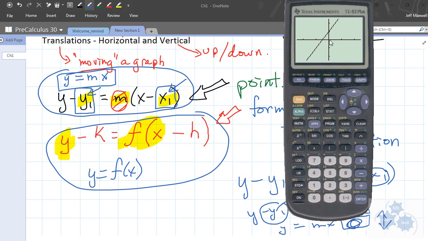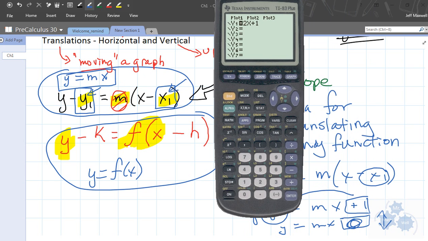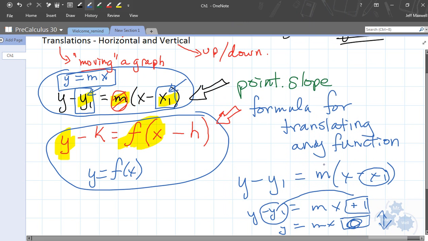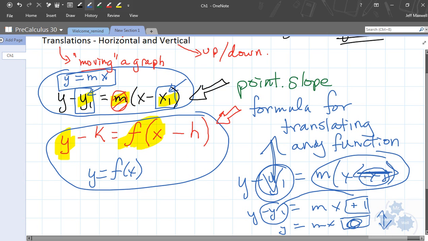But if I wanted to move this over 1 unit, anyone have an idea of what I might need to do, looking at this format over here? Take a look at this right here especially. So remember, this is vertical, up, down. This, x, is horizontal.